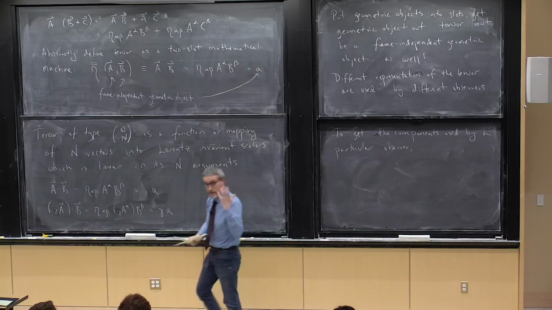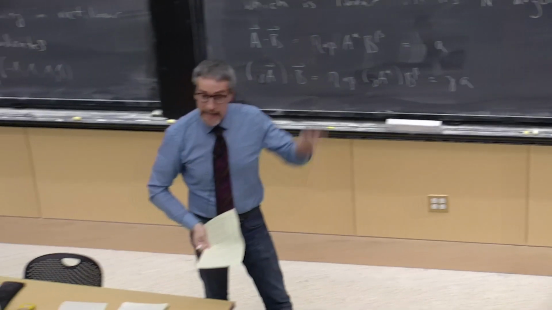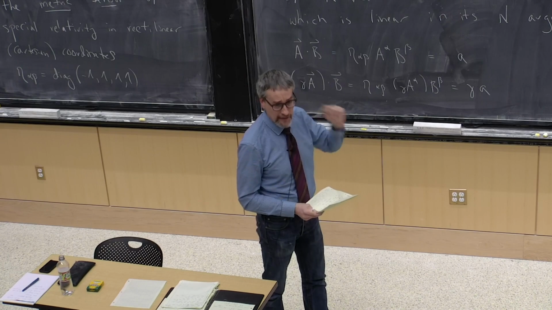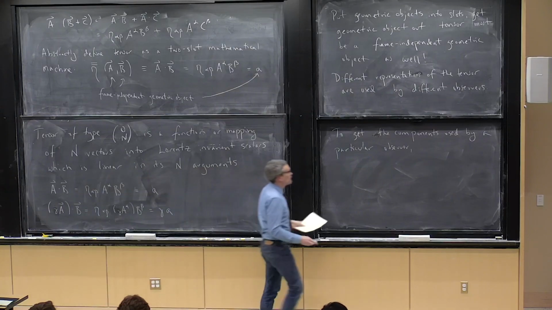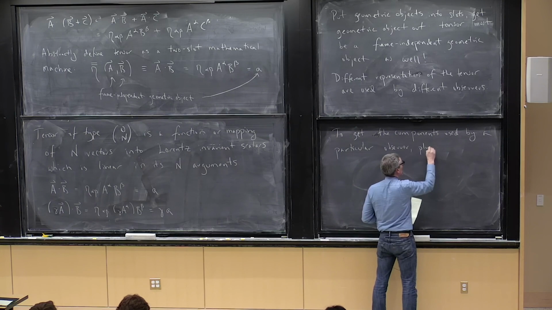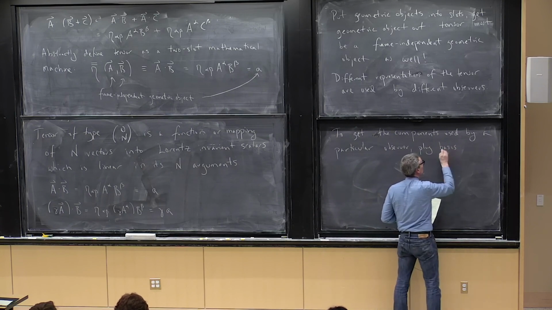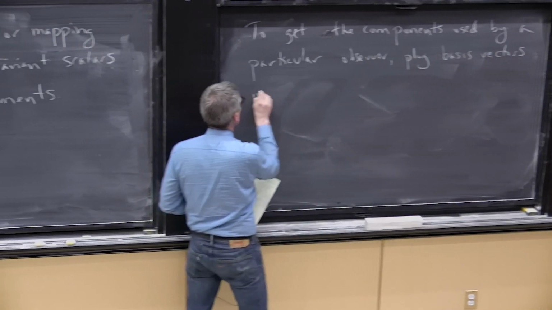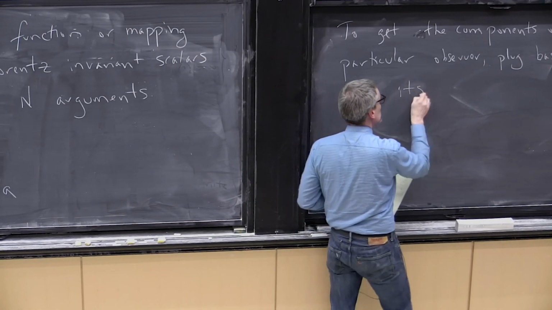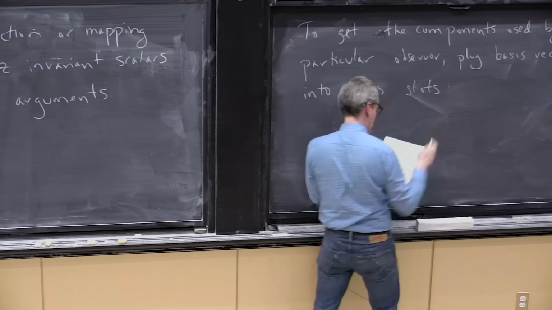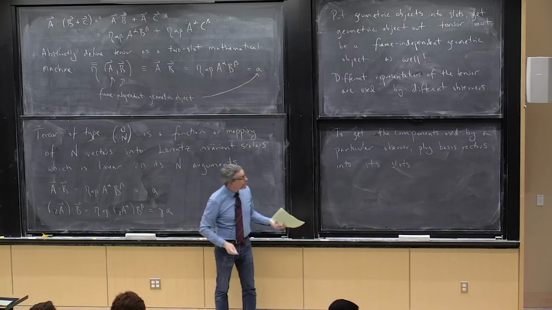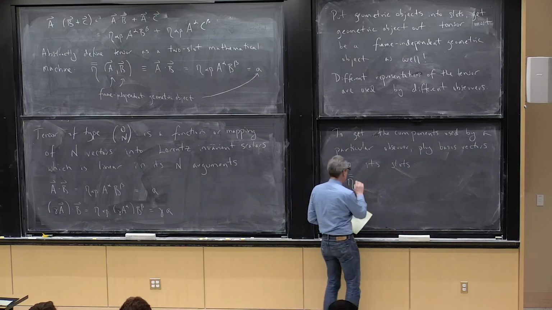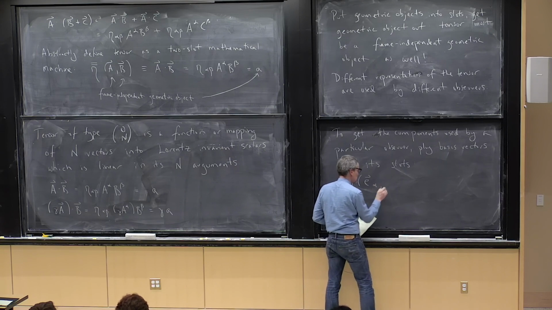All you do is you take your tensor, and into its slots, you plug in the basis vectors that that observer uses. Okay? So if I want to get the components, and this, unfortunately, is a fairly stupid example, but it's the only one we've got at the moment, so let's just work with it.